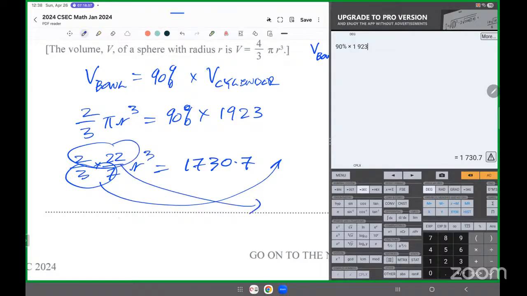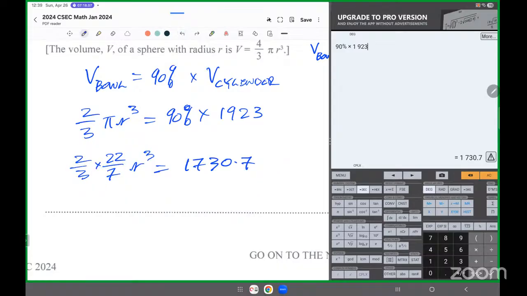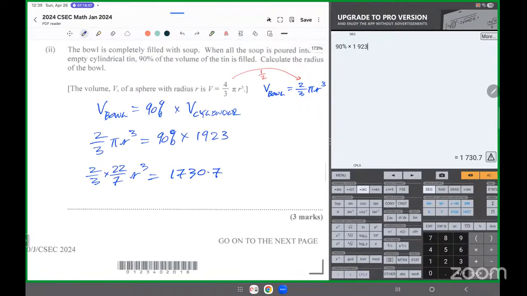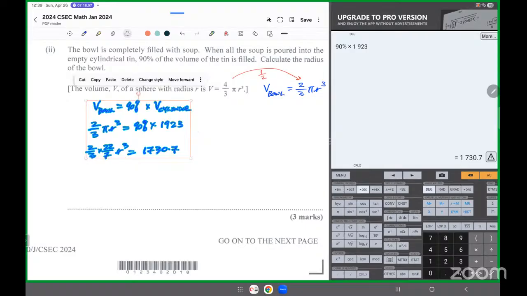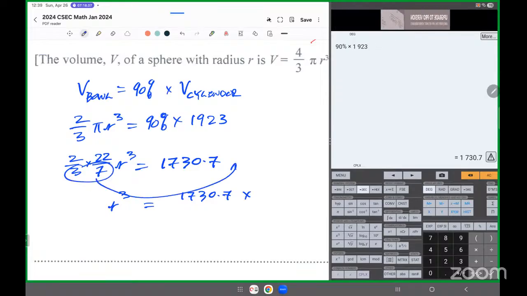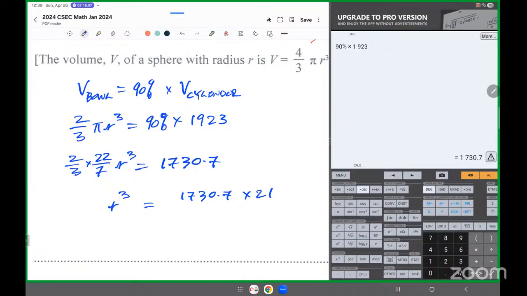So we're going to end up getting R cubed equals 1730.7 times this 3 times 7, which is 21, multiplied up here, divided by 2 times 22, which is 44, under here over 44.